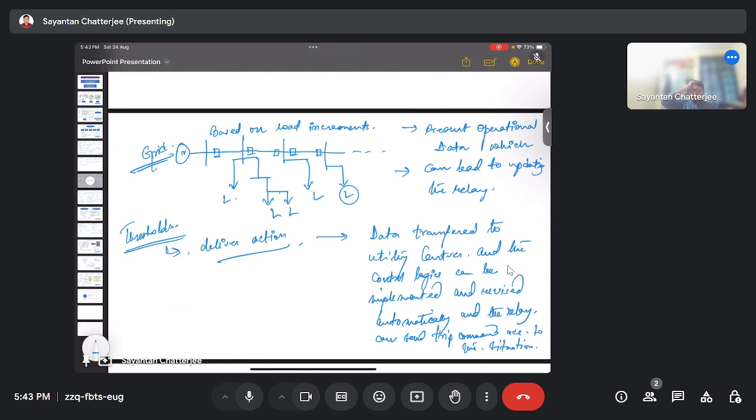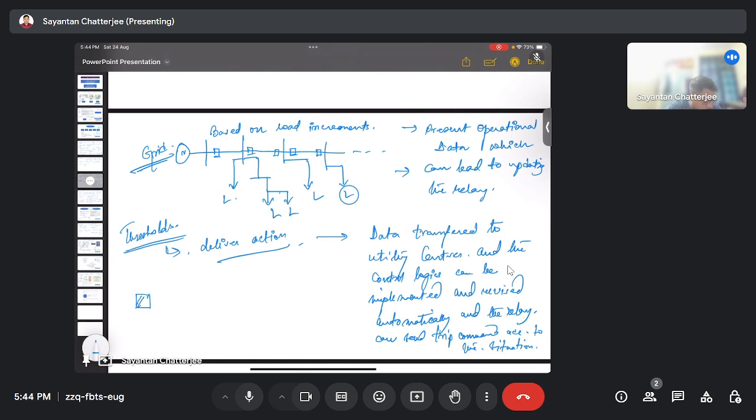So these things can be done on a greater scale, but we need to vary the threshold values, and based on those threshold values the relay would be sensing some additional part, and the relay would send trip signal and update them again.